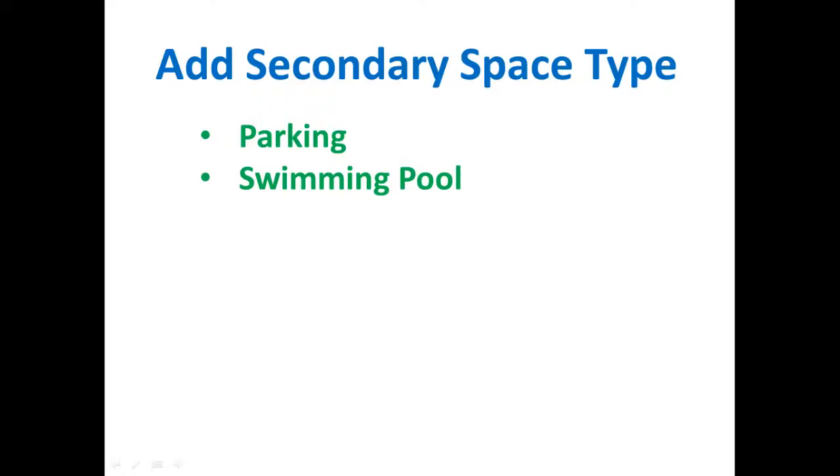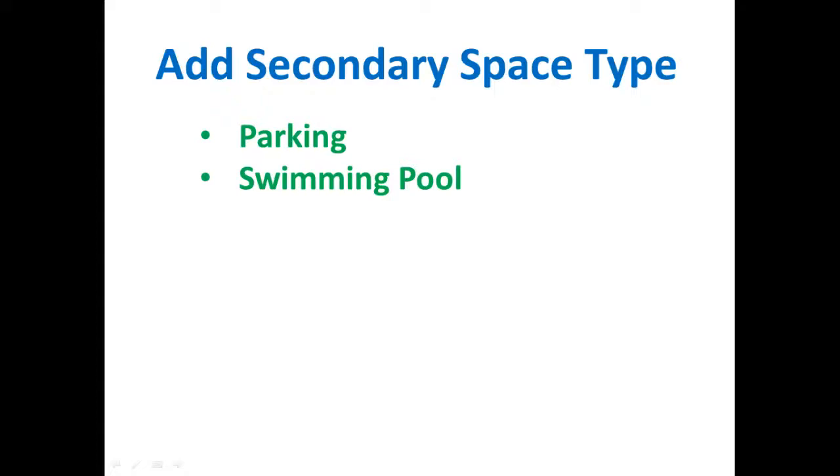The other thing we're going to do is look at secondary space types. There are two that apply to your school facility. One is parking areas and the other is swimming pools. Not a lot of schools have swimming pools, but there are some out there. Parking lots are more typical, especially if you have a lighted parking lot that's connected to your main school meter.